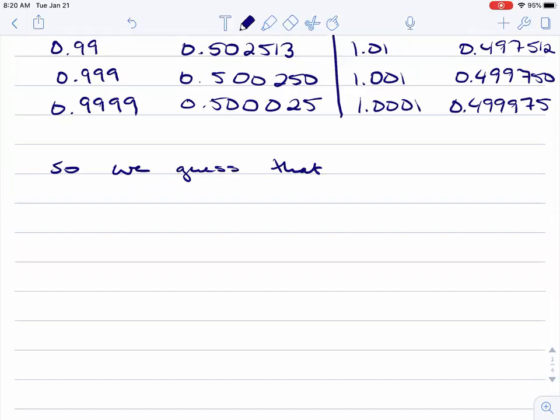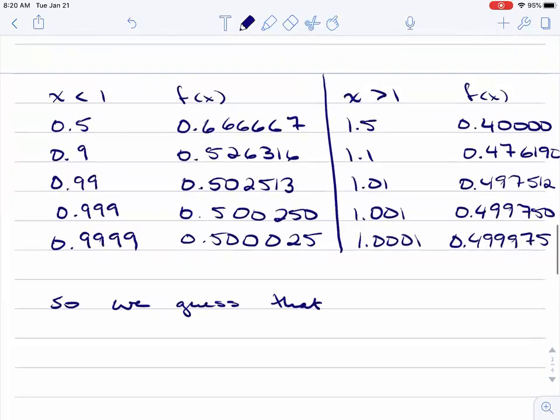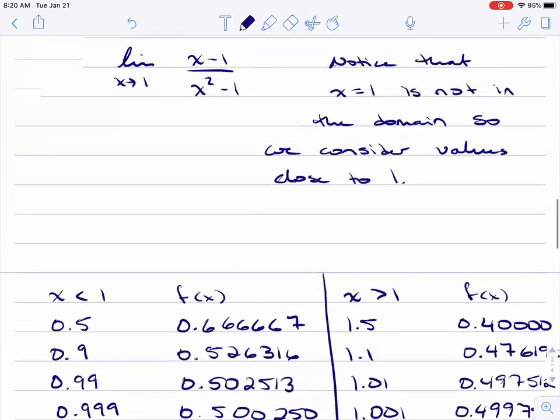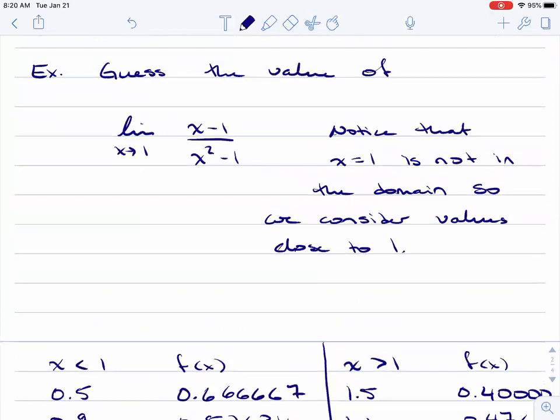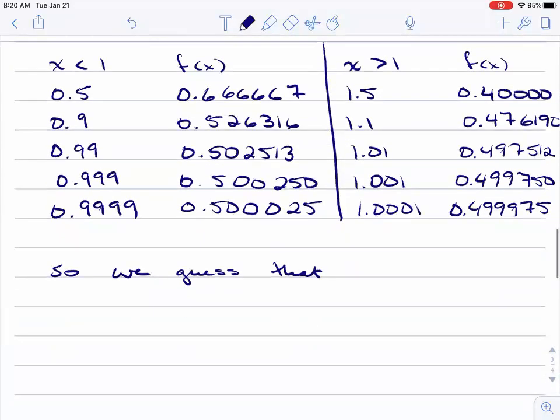So we guess, right, if we had to venture a guess here, then the limit as x approaches 1 of x minus 1 over x squared minus 1, well, if we had to pick one, I would say probably 0.5, right?